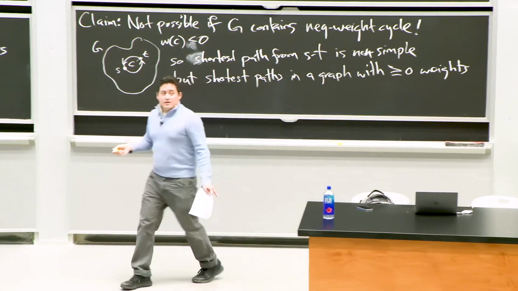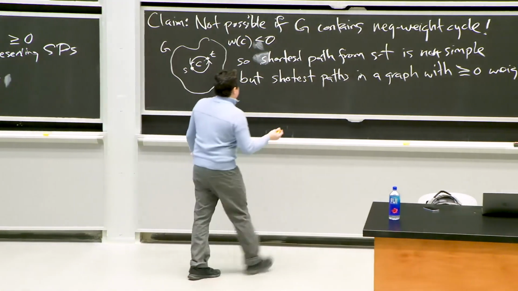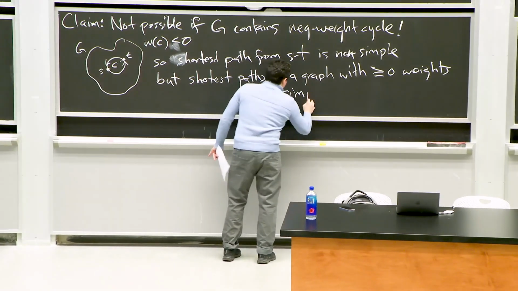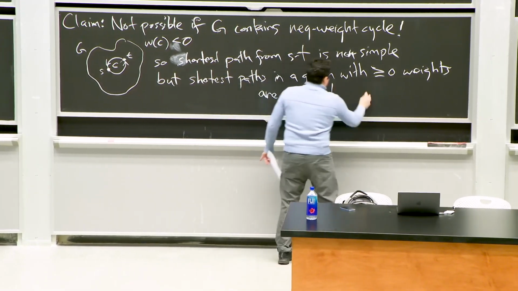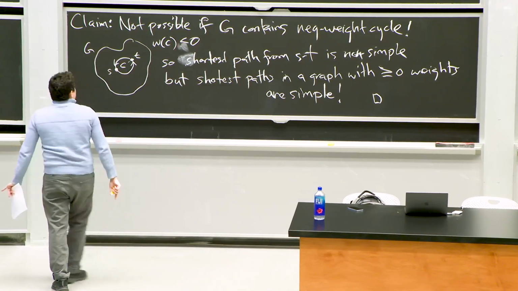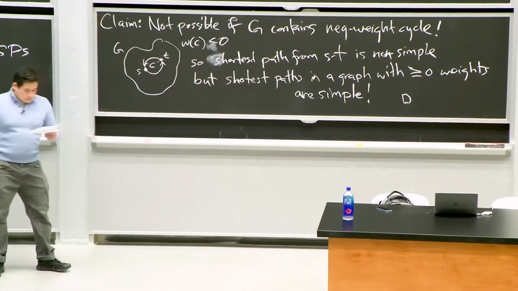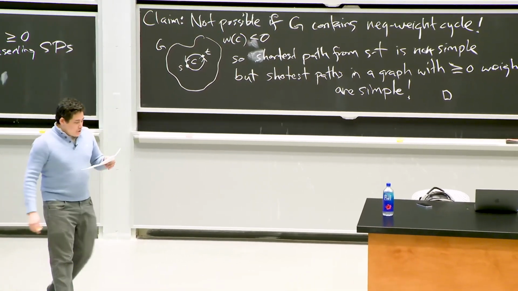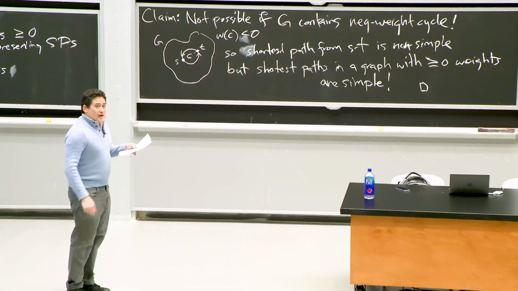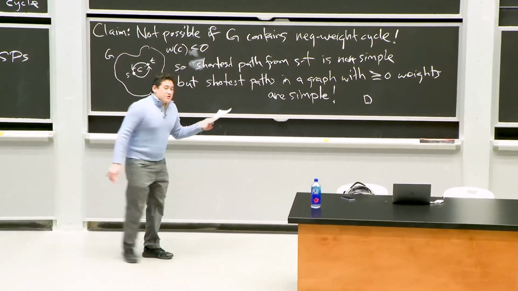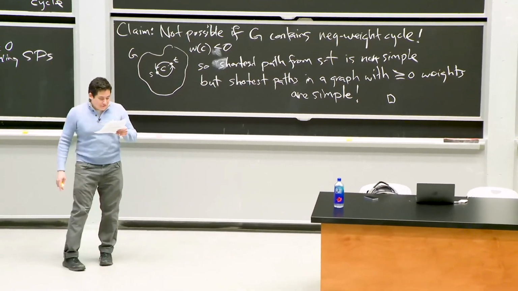Are simple, right? Because there exist shortest path trees. So that's a contradiction. So this is not possible. Okay, so given a graph with negative weights but no negative cycle, it's still not clear how we could find such a reweighting of the graph.